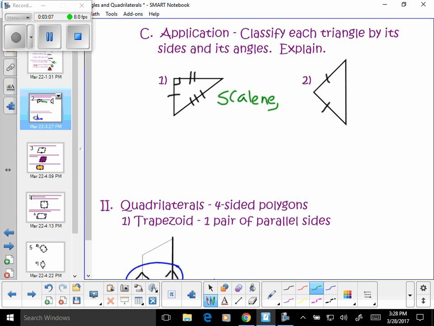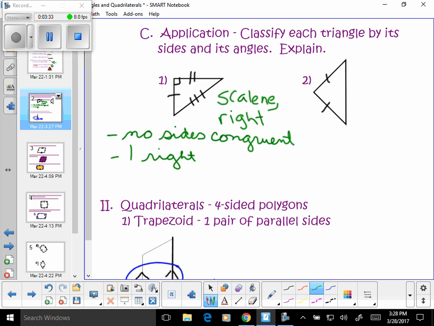It is marked that there is a right angle. So by angles, it is a right triangle. We would call this a scalene right triangle. If they ask you to explain, you say no sides congruent, and one right angle.